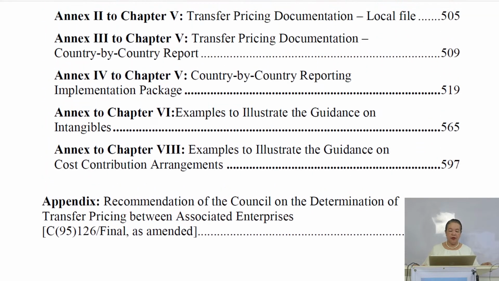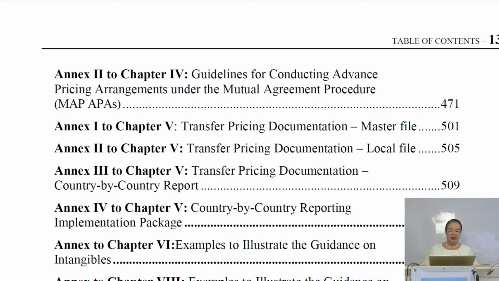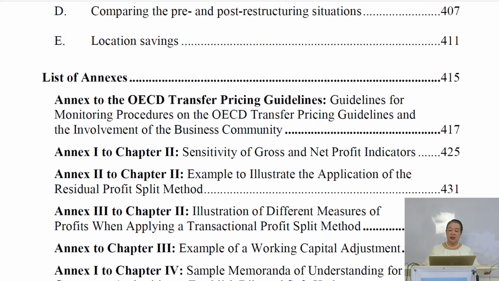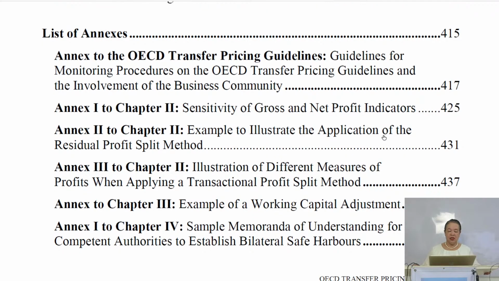The illustration of different measures of profits when applying a transactional profit split method, the example of working capital adjustments, the sample memoranda of understanding for competent authorities to establish bilateral safe harbors, guidelines for conducting advance pricing arrangements under the mutual agreement procedures, the transfer pricing documentation master file, the transfer pricing documentation local file with samples, and the country-by-country report.